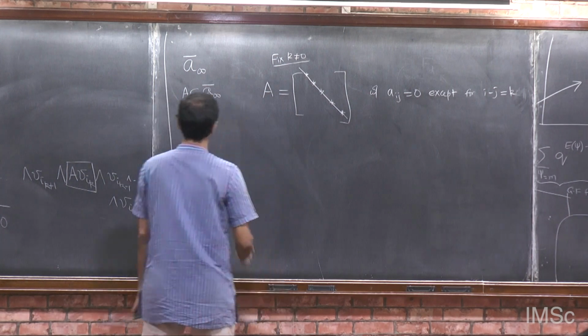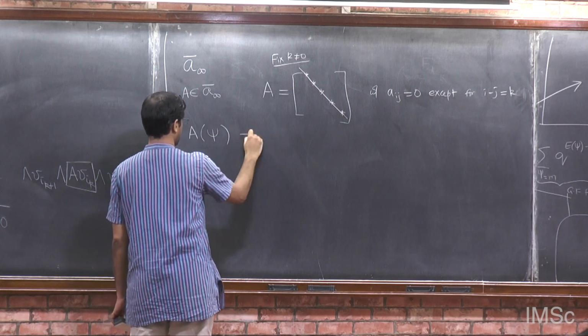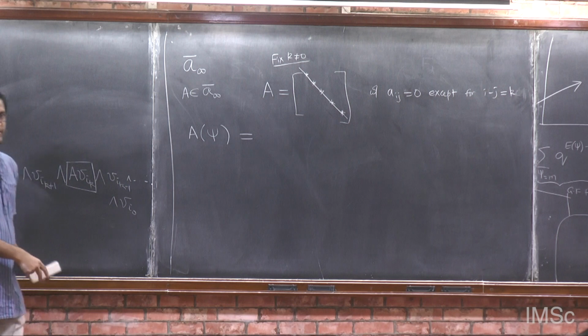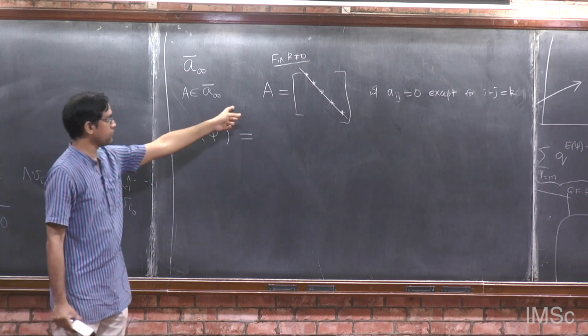K is not 0. Now observe that still this formula works. A acting on psi, I claim, will still only have finitely many contributions, because what is this? I'm supposed to act A on each term of this, each of the VIs, but what does the action of A do?